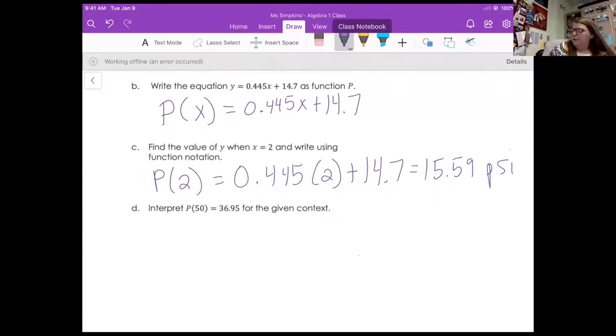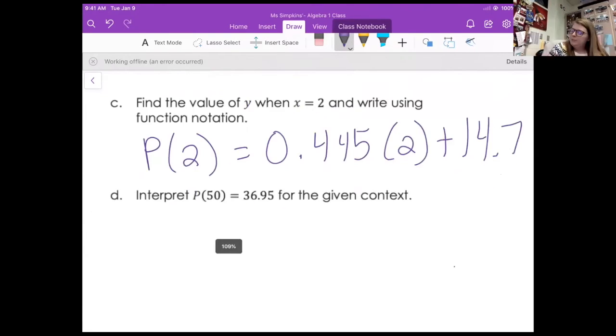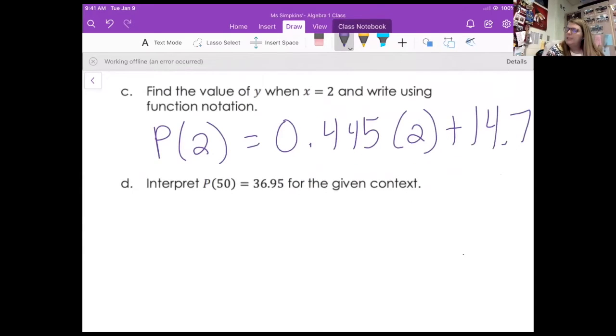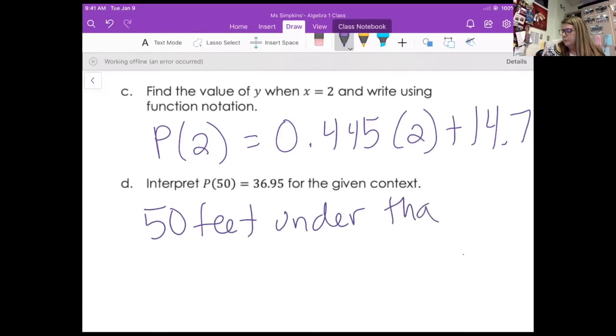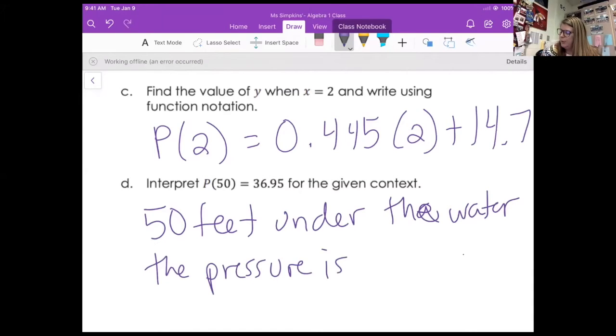And then sometimes the math is already done for you. This says P of 50 equals 36.95, but we need to decide, what does that mean for this? That means when you are 50 feet under the water, the pressure is 36.95 PSI.